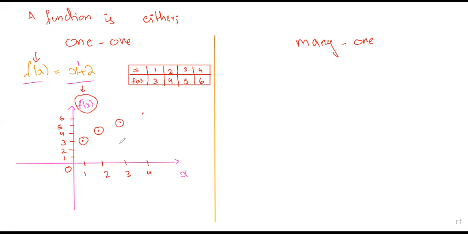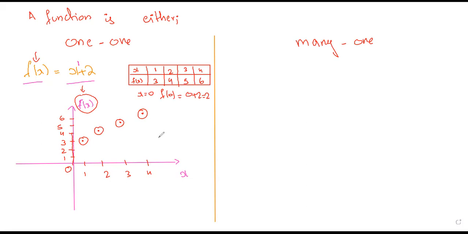Okay. And what about when x is 0? When x is 0, f of 0 would be 0 plus 2, that is 2. This means when x is 0, this line is the whole line where x is 0, right? So on this line, the value of f of x would be 2.